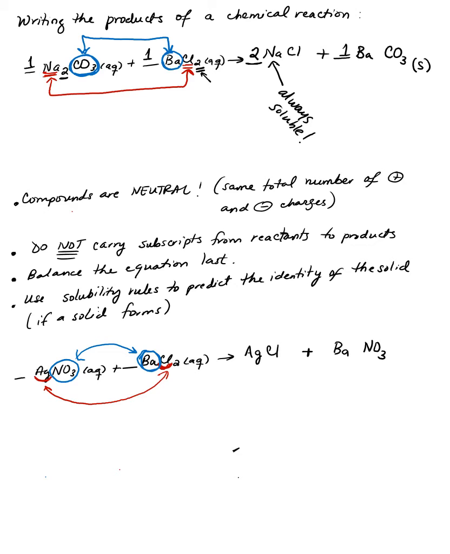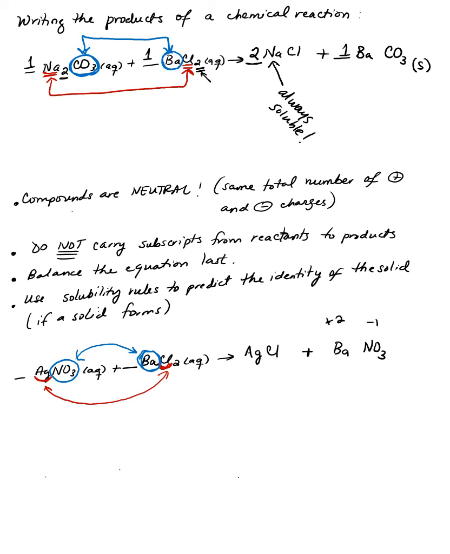Now, when you're combining barium with the nitrate, barium in group 2 is an ion with a charge of +2. Nitrate, your polyatomic ion, has a charge of -1. So if you have +2 and -1, you don't have the same total of positive and negative charges.